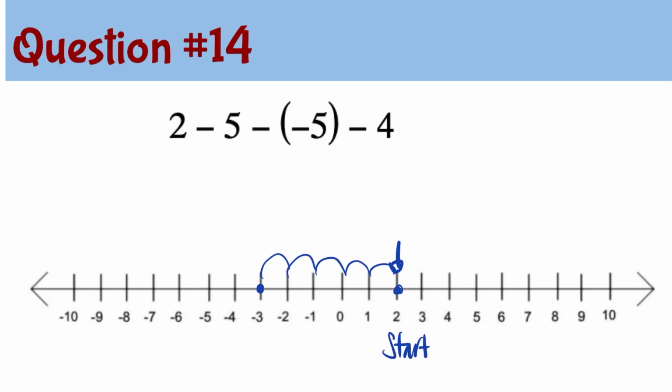Subtracting negative 5 means moving 5 units to the right. So 1, 2, 3, 4, 5, and then we came back to 2. From that 2, we need to subtract 4, which means we need to move 4 units to the left. So 1, 2, 3, 4. So the final answer for this question is negative 2.